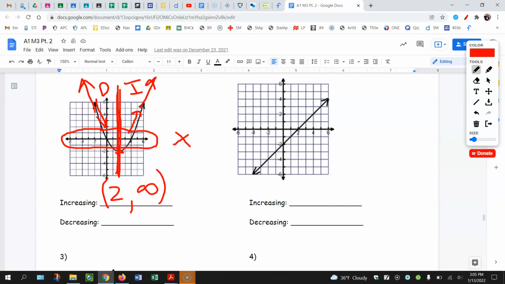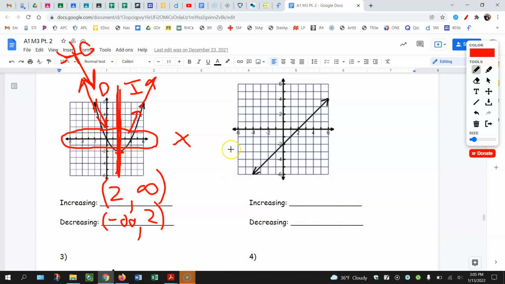But keep in mind, the little person on the roller coaster is coming down this whole way. So this is decreasing from negative infinity to 2. We're using x values, so with this middle here, I'm not using -2. That's a y value. It's decreasing from negative infinity to 2.